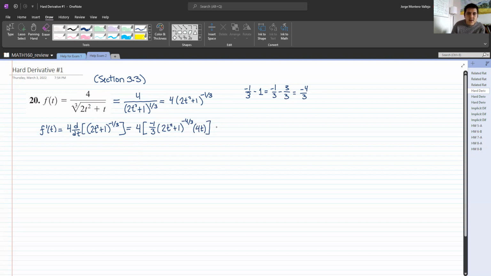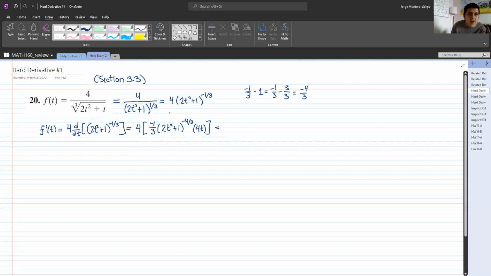All right, so we can now combine stuff, right? So you see that I have 4, negative 1/3, and then this 4 over here. So I'm going to put everything together. Oh, wait, I made a mistake.